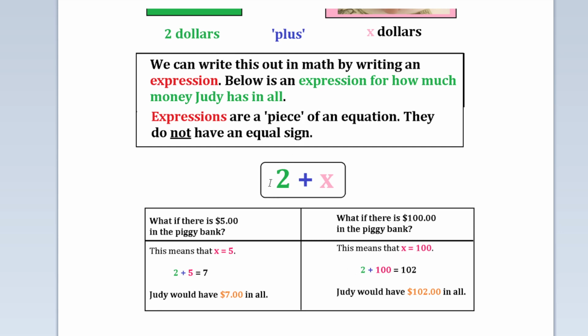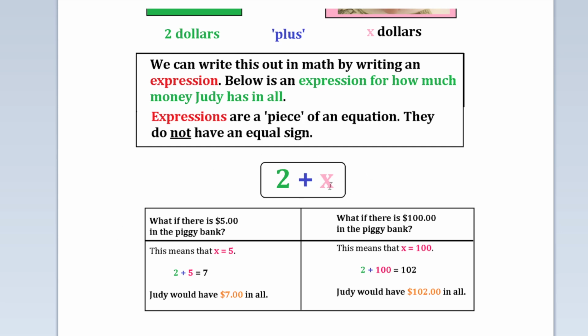So we can do $2 in her pocket plus the $100 in the piggy bank, and that would tell us that Judy has $102 altogether. So this is a mathematical expression. If she found $10 in the piggy bank, then it'd be 2 plus 10, $12 altogether.